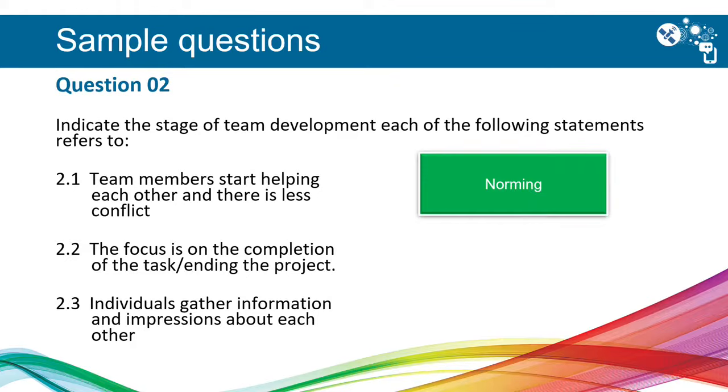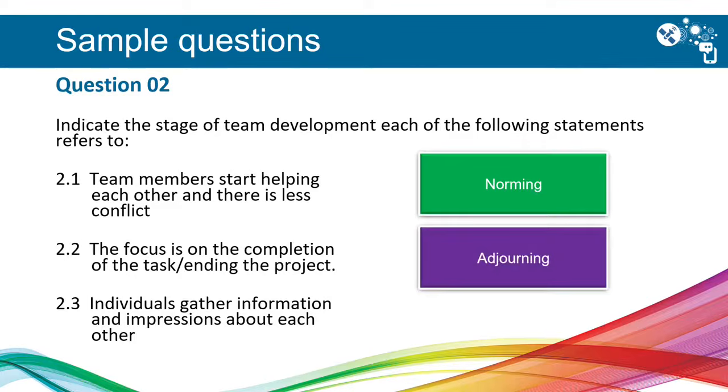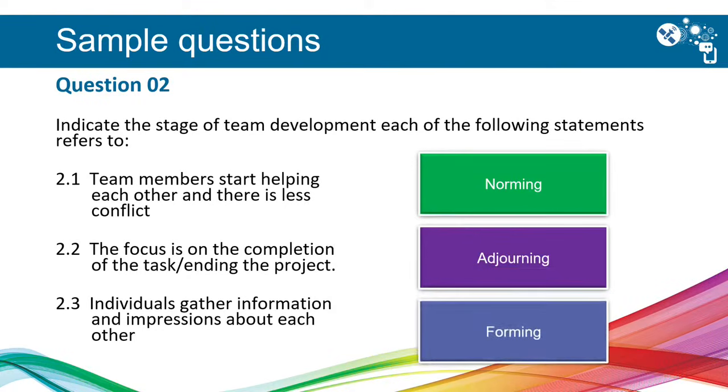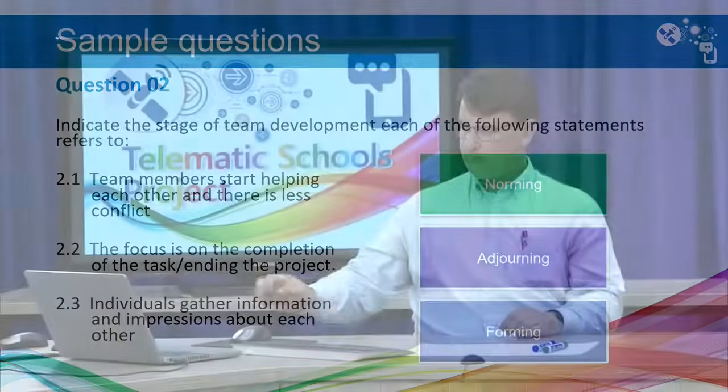That's at the end of the project life cycle. That, of course, means adjourning. And the last one, individuals gather information and impressions about each other. Remember, we don't know each other. We're starting to suss each other out. That happens when the team first starts, and that is called the forming stage.